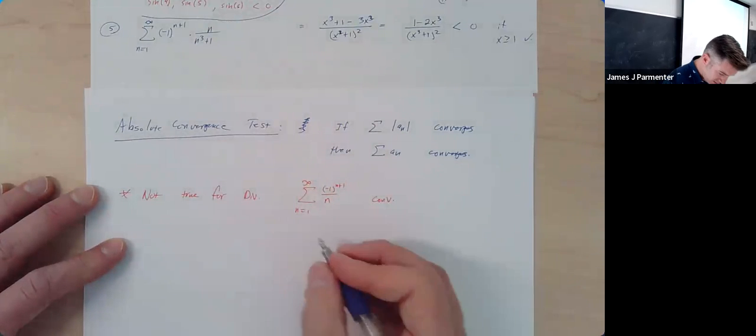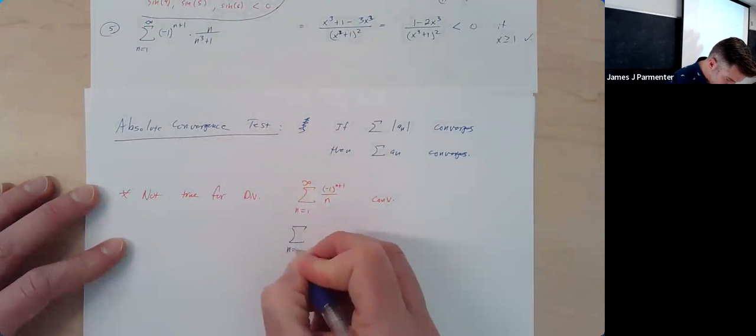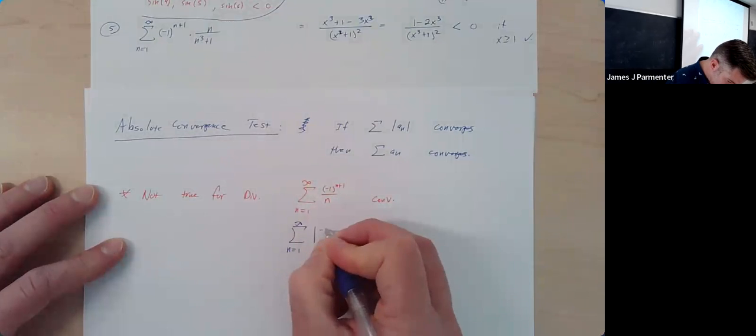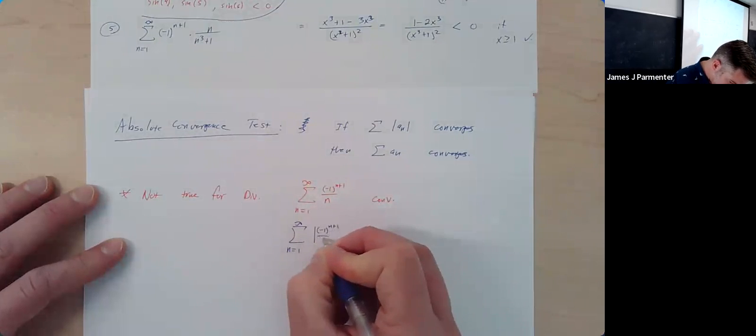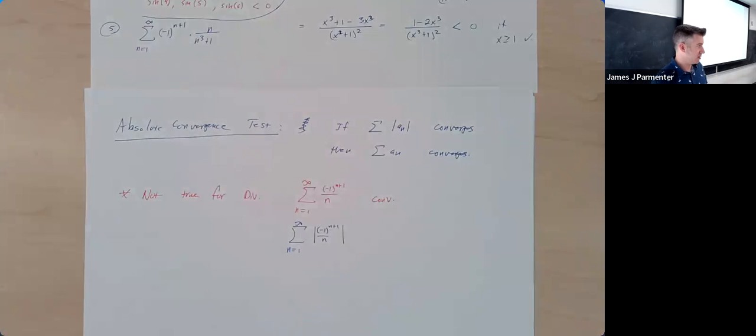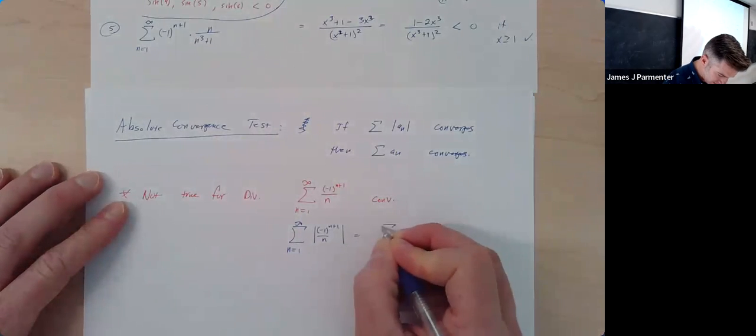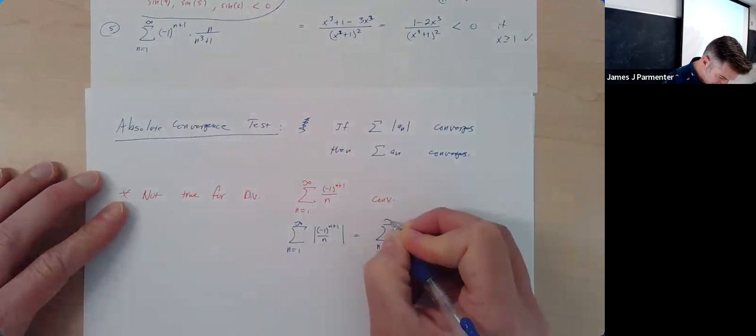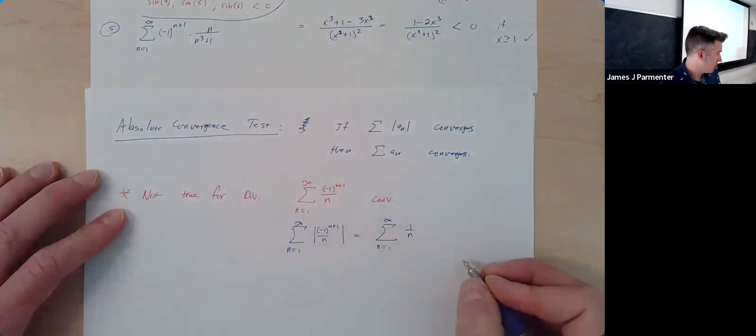But the sum of the absolute value of -1 to the n plus 1 over n, this comes up a lot, when you take the absolute value of -1 to a power, it just becomes 1. Because -1 to any power is just -1 or 1, and the absolute value of either of those is just 1. This really just becomes the sum from n equals 1 to infinity of 1 over n, which is divergent.